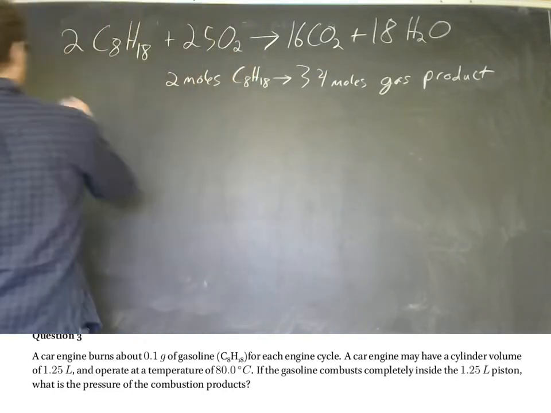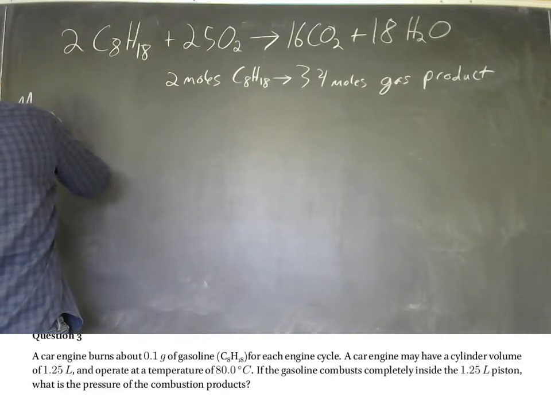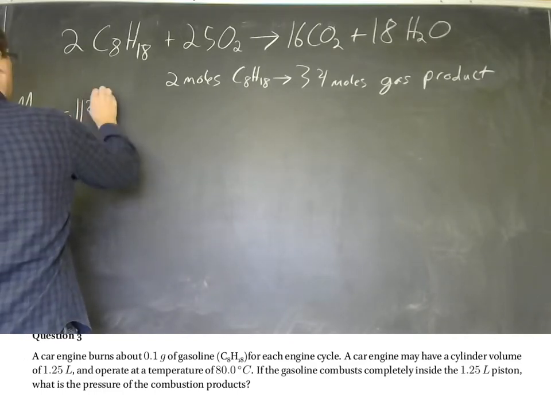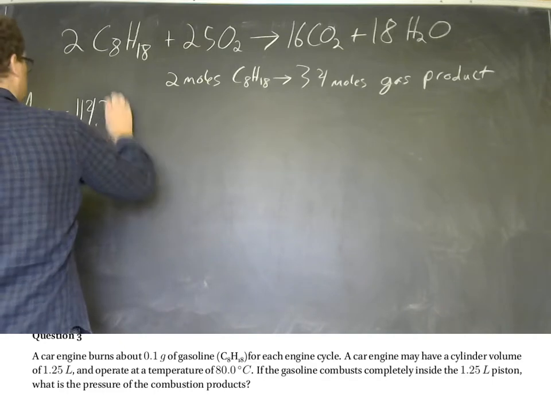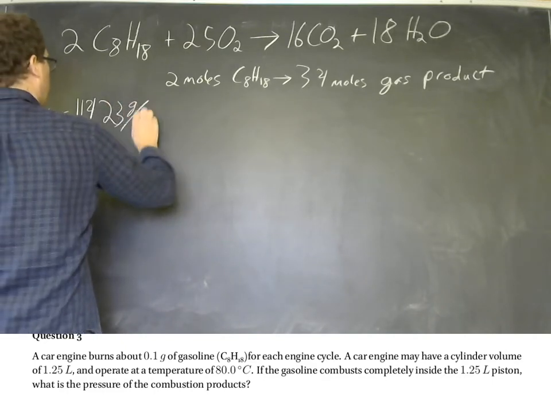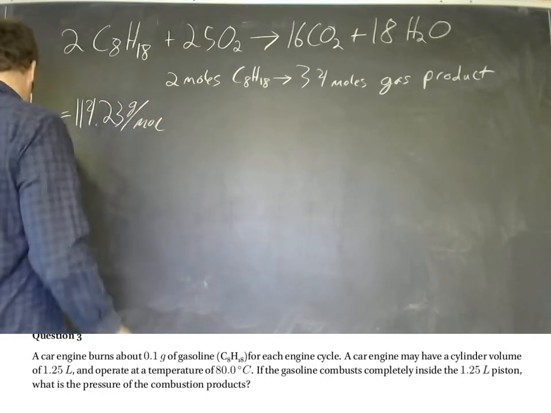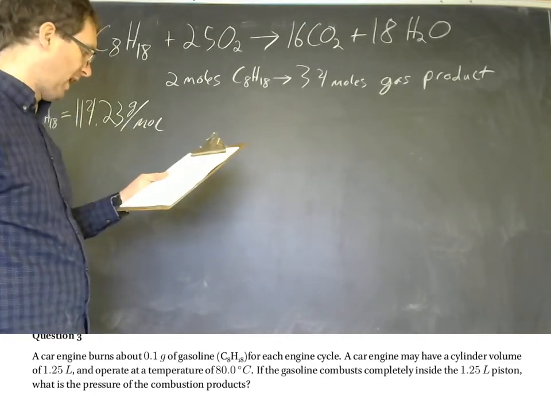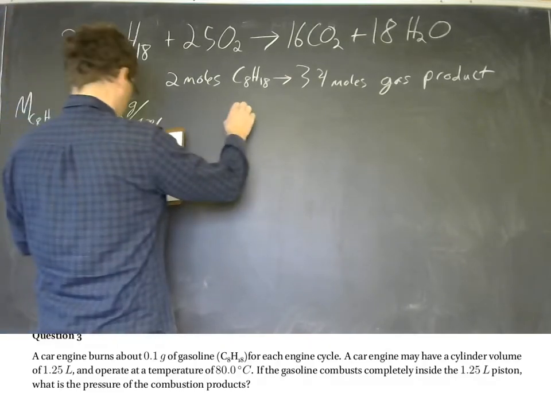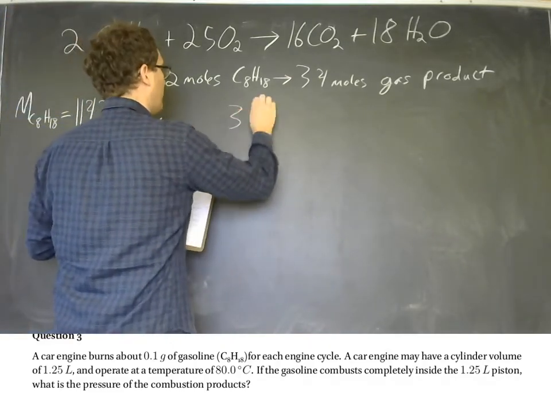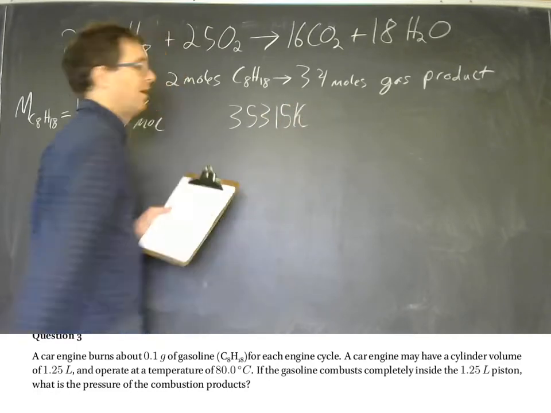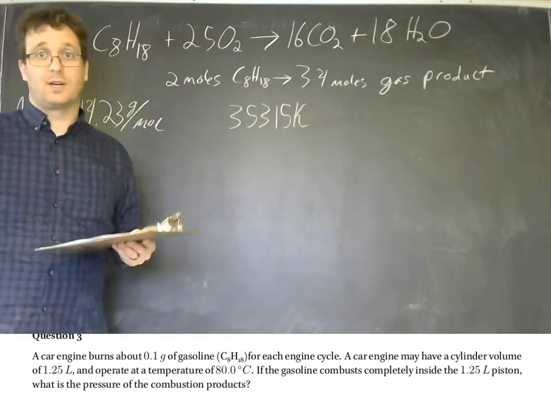The molar mass of C8H18. That molar mass is 114.23 grams per mole. And then we'll need to know that temperature 80 degrees Celsius is 353.15 Kelvin. That's what 80 degrees Celsius is.